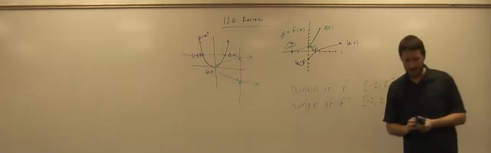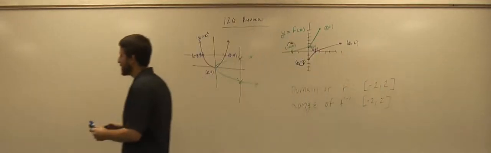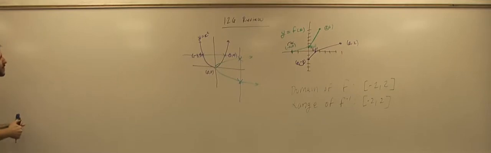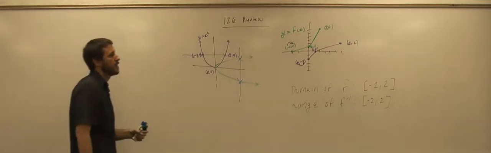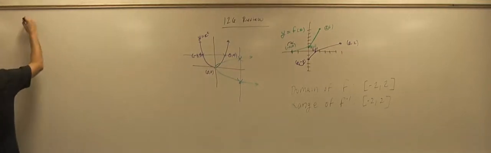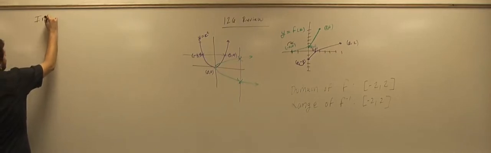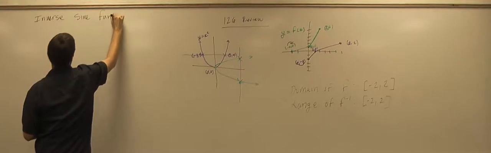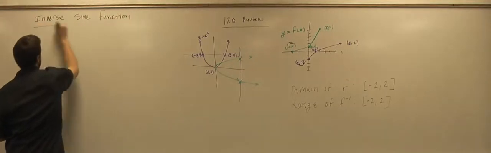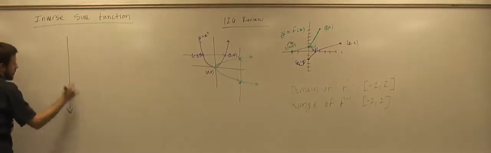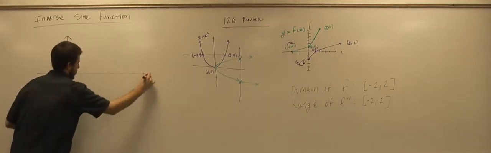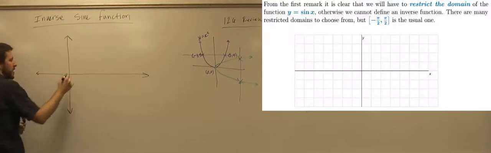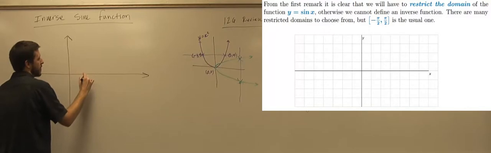All right. So let me talk about the inverse sine function. This is about the inverse sine. So let me start by drawing the regular sine function. Quarter periods are pi over 2.